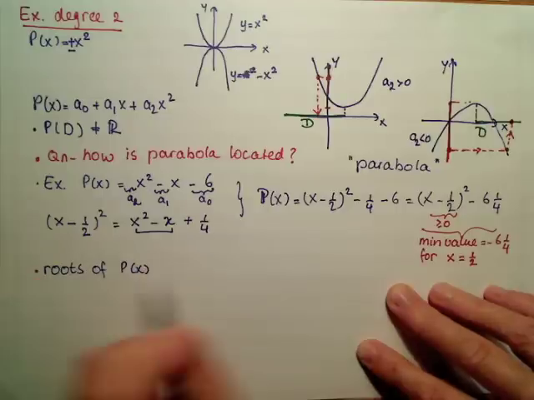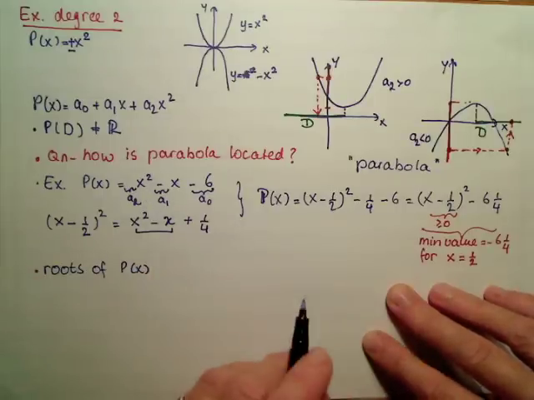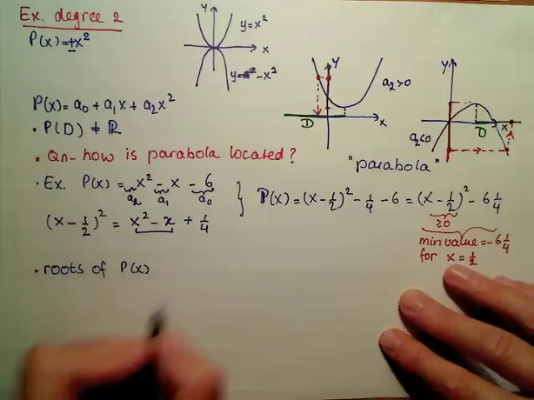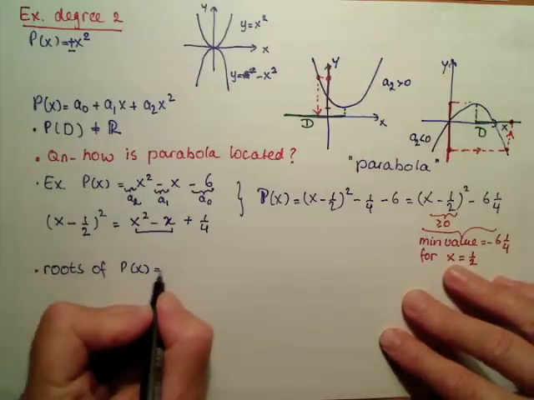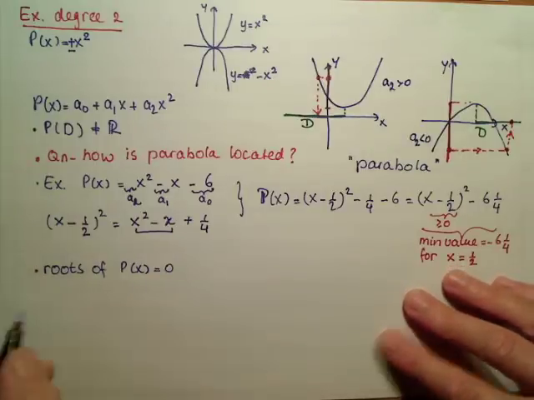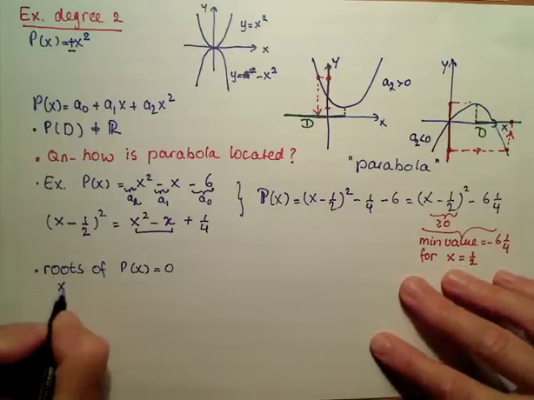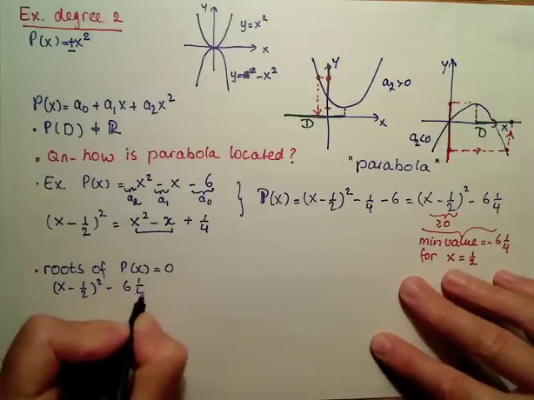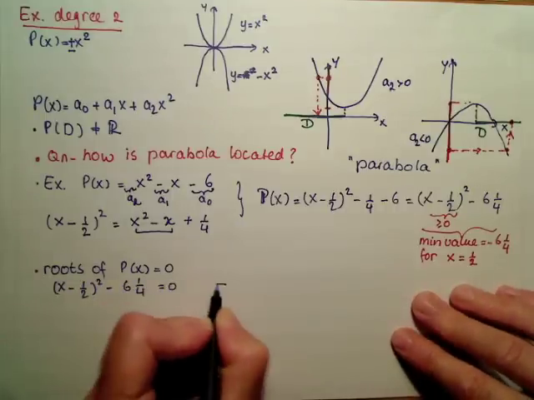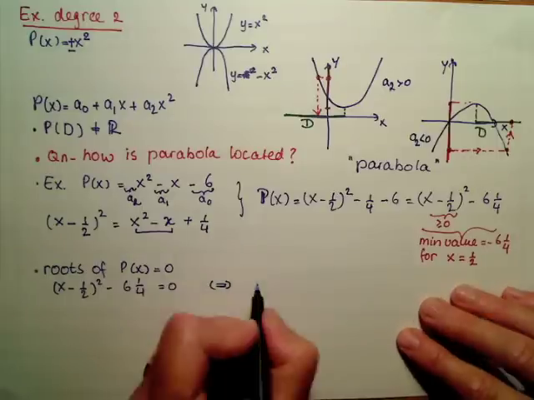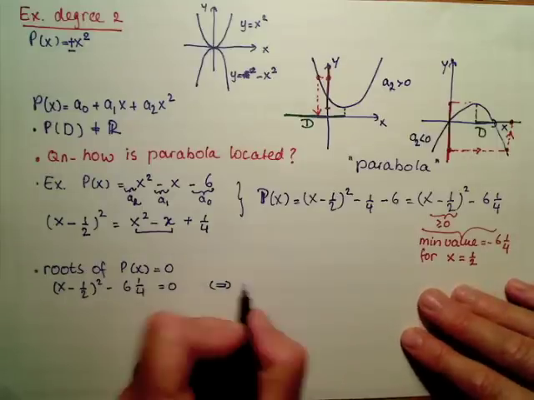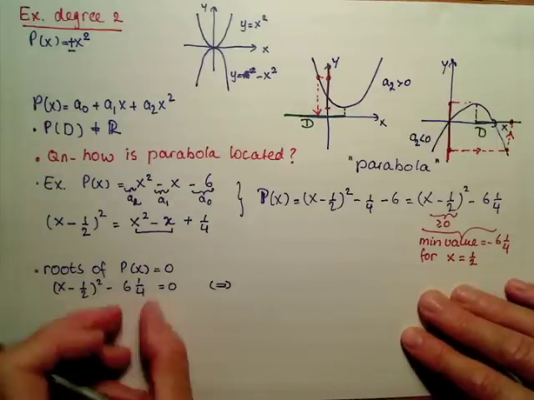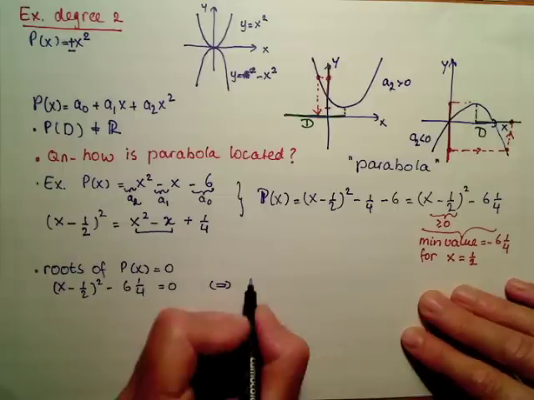As I said before, it's just solving the equation x squared minus x minus 6 equals 0. So we have to calculate x minus 1/2 squared minus 6 1/4 equals 0, and that is easy in this case because we already have written it in the form of a square plus or minus some constant term.